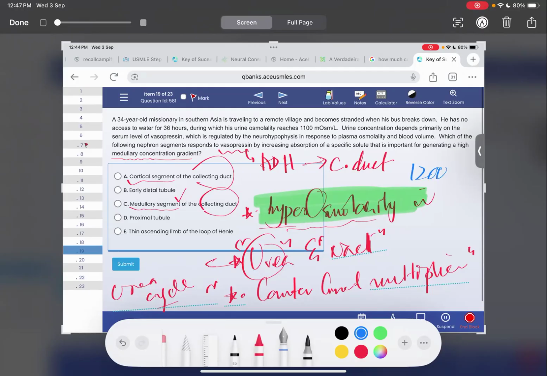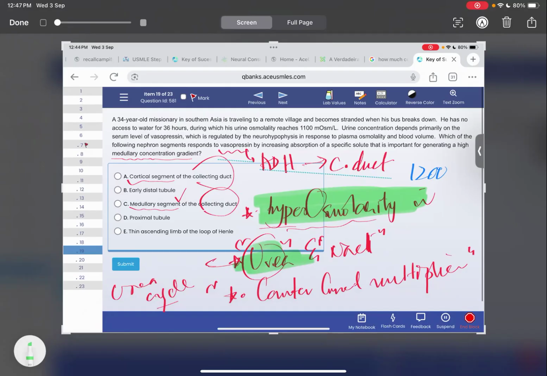Some of our students said urea, which is correct, and sodium and chloride, through the countercurrent exchanger, the very important loop of Henle. So we have the countercurrent mechanism and the urea cycle.